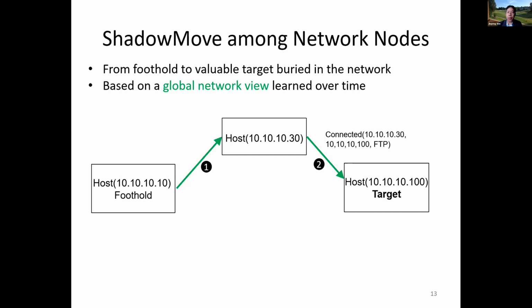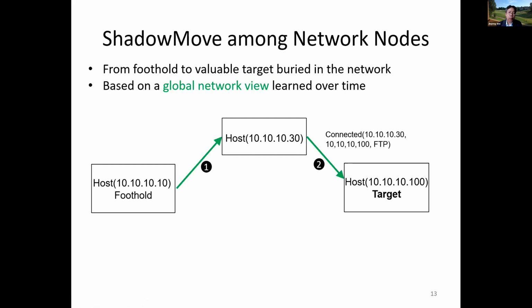For example here, they discover a new node with the IP address ending in 100, through an FTP connection. But by abusing this FTP, the attacker is only able to copy itself onto the target machine, but not able to run it, because the FTP protocol doesn't allow remote launching capability.